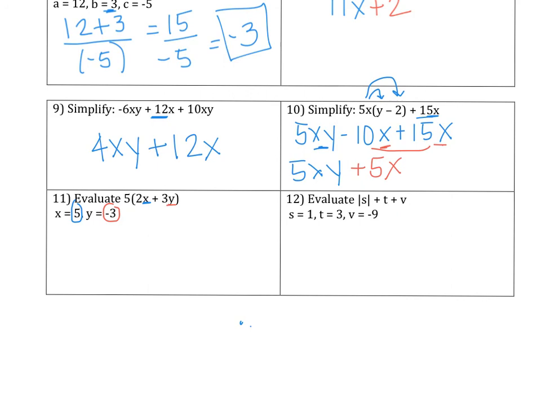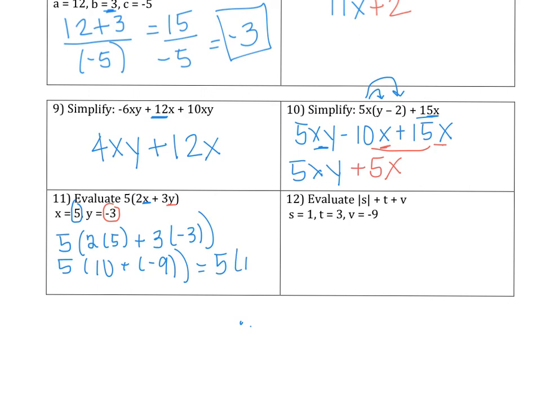So that would look like this. 5 times 2 times 5 plus 3 times negative 3. 5 times 10 plus negative 9, which is 5 times 1, which is 5.